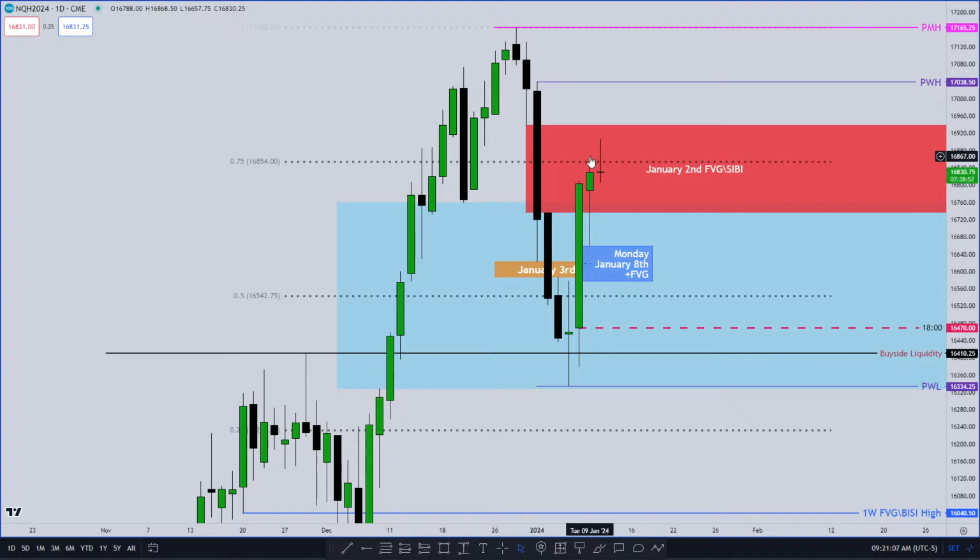We've actually gone above the previous day high inside a premium array where we're already expecting a draw lower, and the dollar is currently risk off, or we're anticipating it to be risk off. Also, this is the same fair value gap that was used on the daily chart on S&P, so that's my objective for NASDAQ.